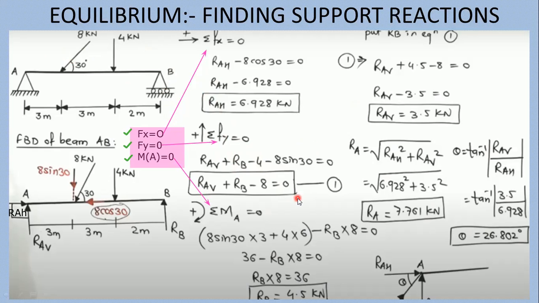You can find the unknown values, and you can find the resultant of RAH and RAV. You can see this resultant here. By using the regular procedure, you can solve this numerical in a very simple manner and get the values of RA and RB.